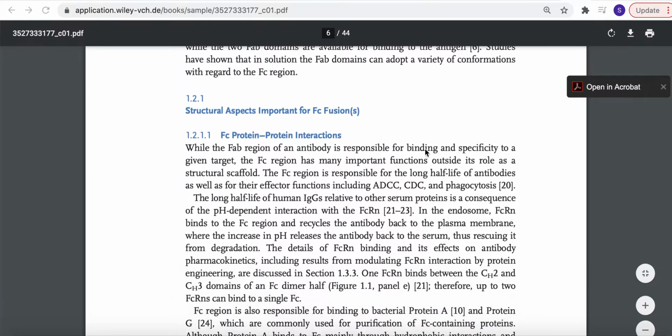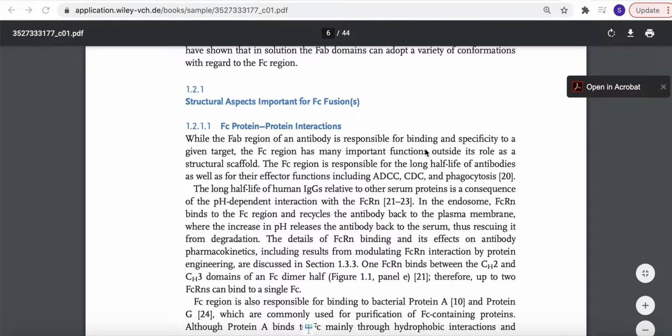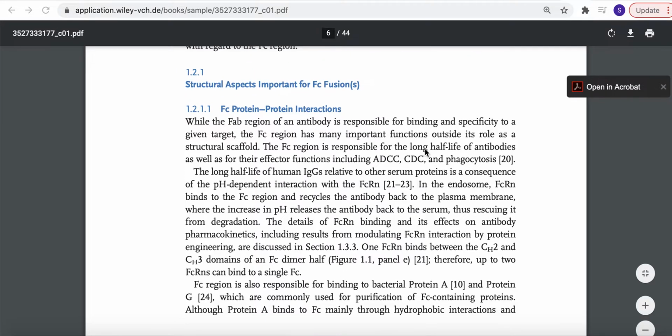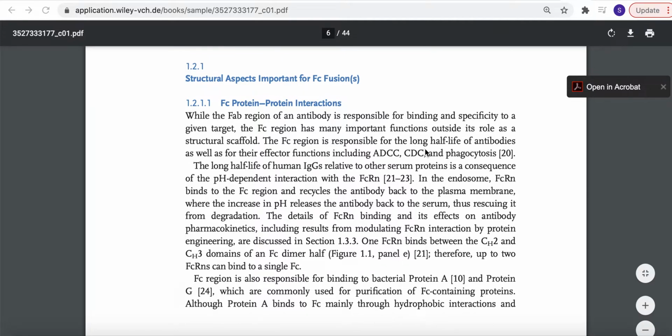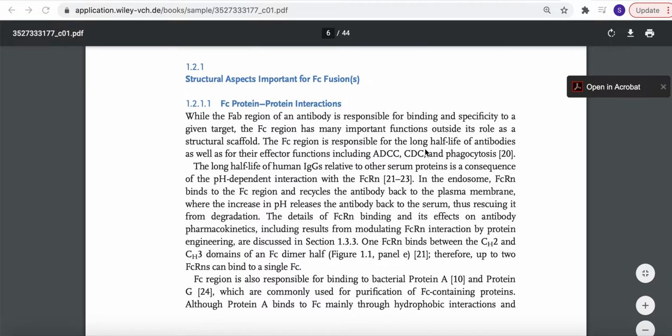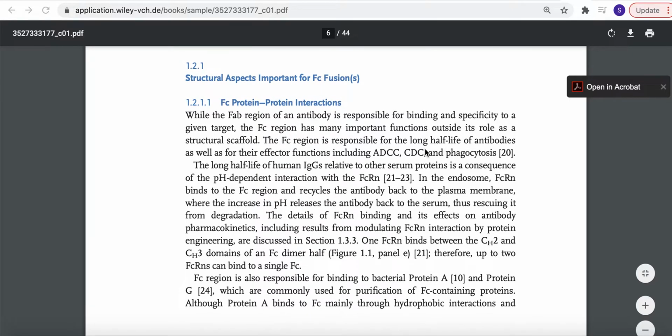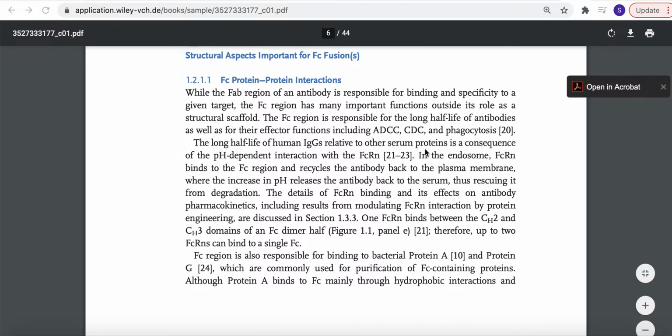While the Fab region of an antibody is responsible for binding and specificity to a given target, the Fc region has many important functions outside its role as a structural scaffold. The Fc region is responsible for the long half-life of antibodies as well as for their effector function, including ADCC and CDC.